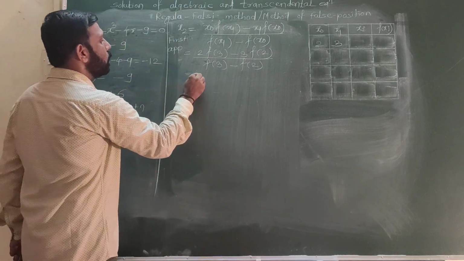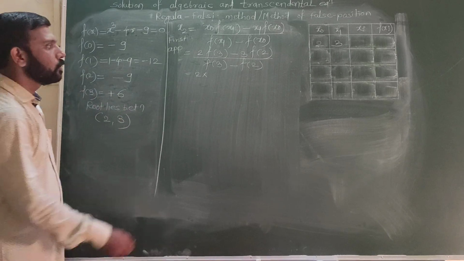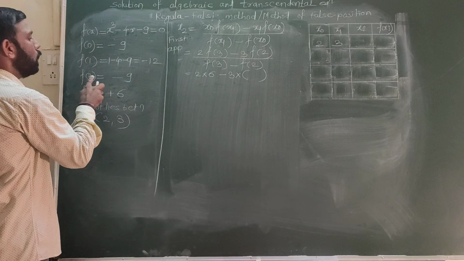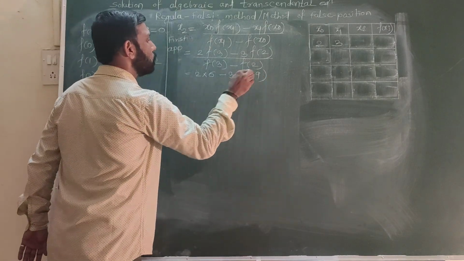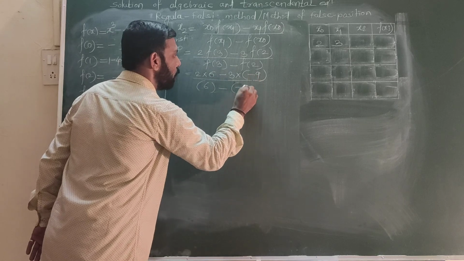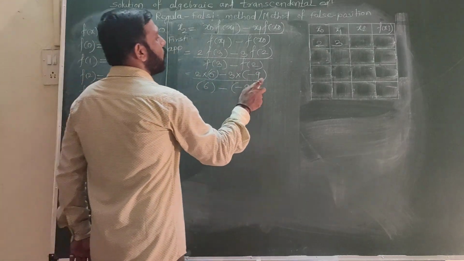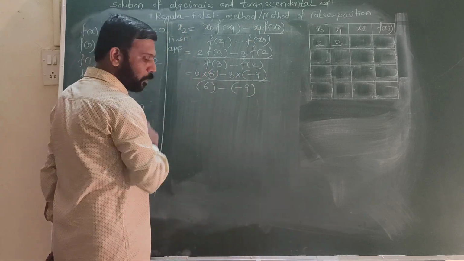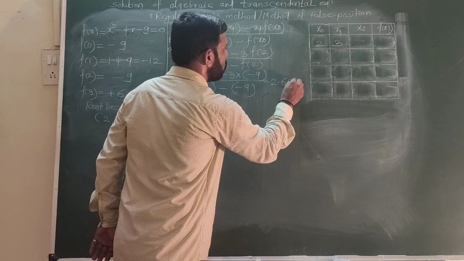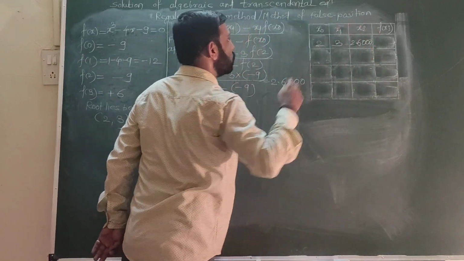Previously we calculated f of 3 value 6, minus f of 2 value minus 9. Same, this 6 minus bracket value, put the bracket also. The calculated value for the first approximation is 2.6000.